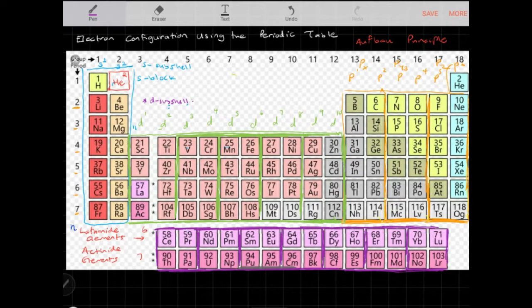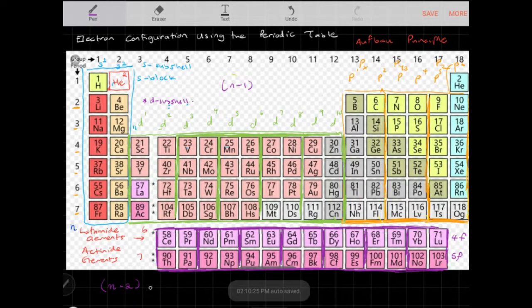Now, although this is in the 6th and 7th energy level, the F subshell is always n-2. Okay, so this is the 4f subshell, and then this is the 5f subshell, right? So it's always n-2. Remember that the D subshell is n-1, right? Like this was 3d, this is 4d, even if it's in the 4th energy level and 5th energy level respectively.